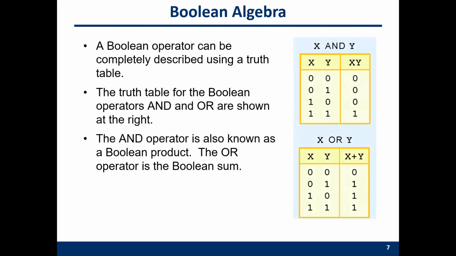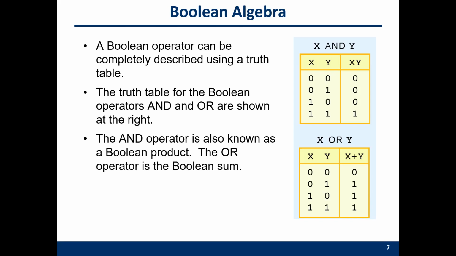So here are some truth tables for example gates. This is the 2 input AND gate, and this is a 2 input OR gate. Because there are only 2 inputs here, in the truth table we have 2 to the power 2, which is 4 rows. It just lists all the possibilities for these 2 variables. A single variable can be either 1 or 0, so there are 4 combinations in total.